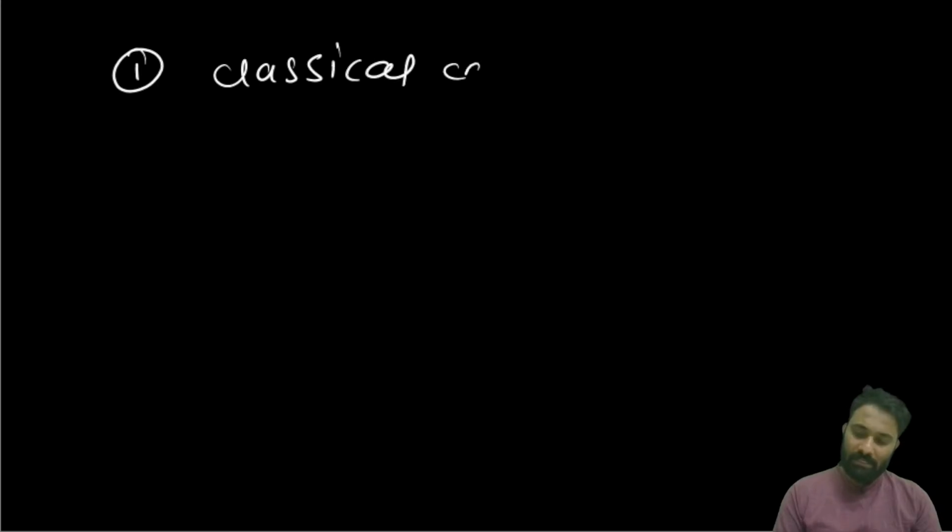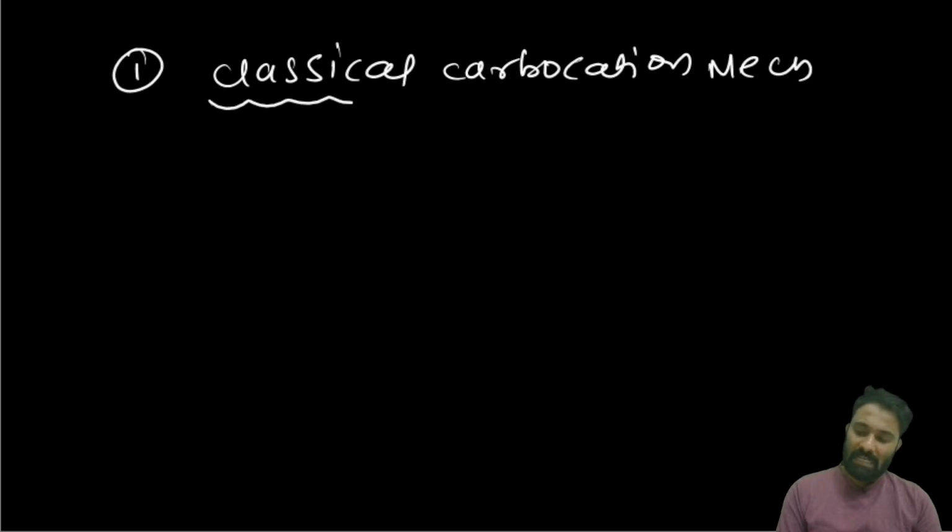First, alkenes will readily undergo both types of mechanism. One is the classical carbocation mechanism. If it undergoes the classical carbocation, how will it undergo? How will it undergo the reaction? Here this is the alkene.